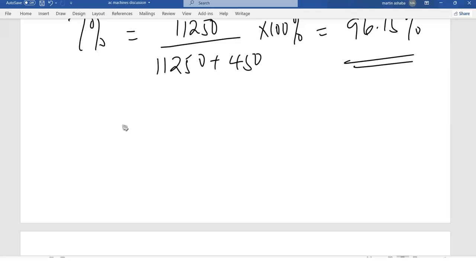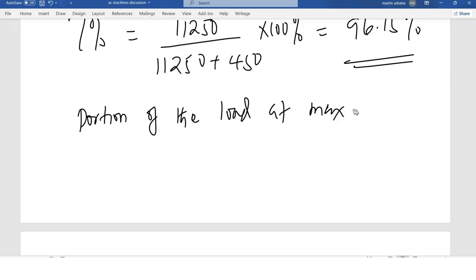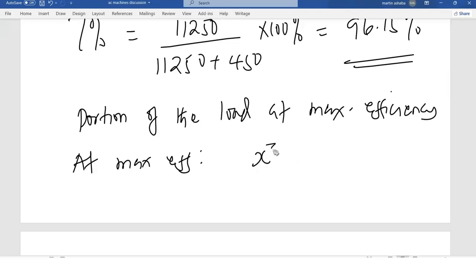So the portion of the load, we know this formula is proven that at maximum efficiency, X squared times PCU is actually equal to Pi.